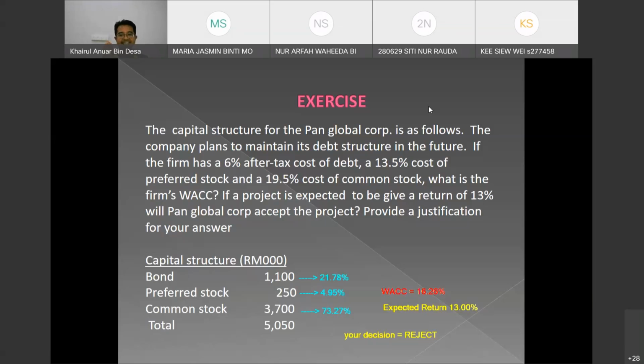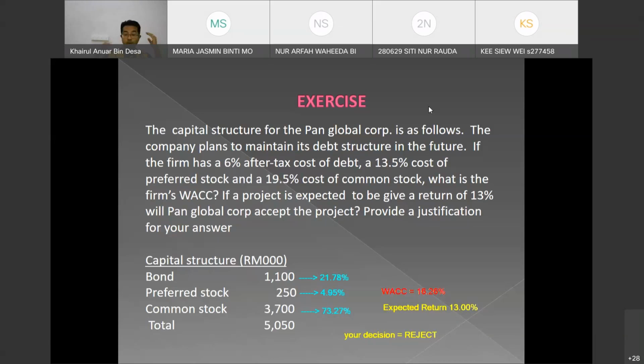You got it. Thank you very much. WACC actually is the required rate of returns for the company. Okay, WACC ini adalah required rate of return untuk syarikat ini secara keseluruhan. Boleh dapat itu?